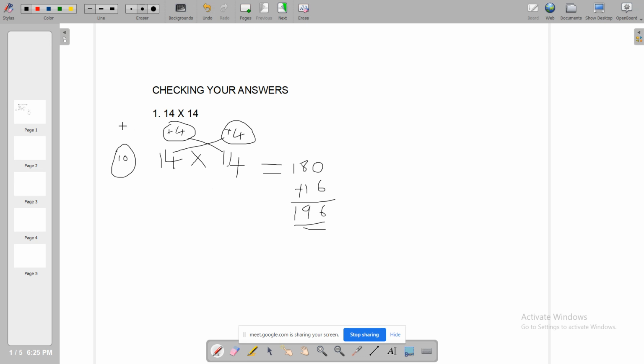So now we have 14 and we have this. We need a substitute for this. So how do you calculate a substitute? So this is what I'm saying.